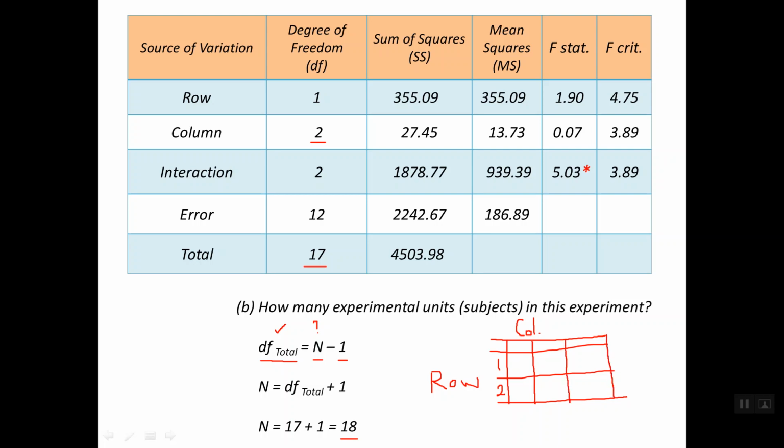So you can make these arrangements. This is the first level for the second factor, and this is the second one, and this is the third one.